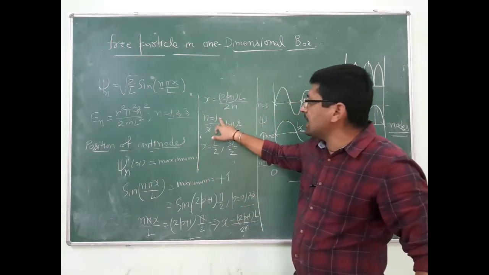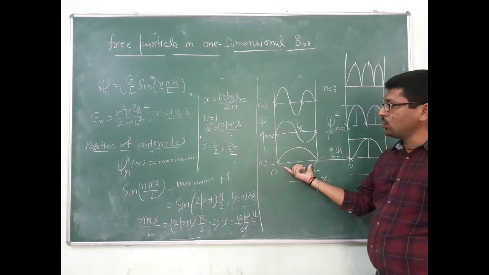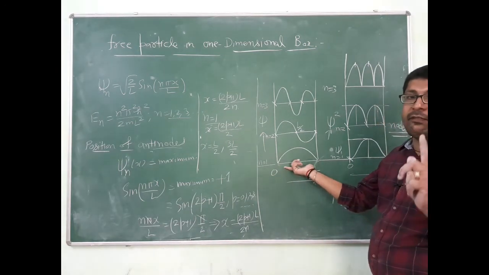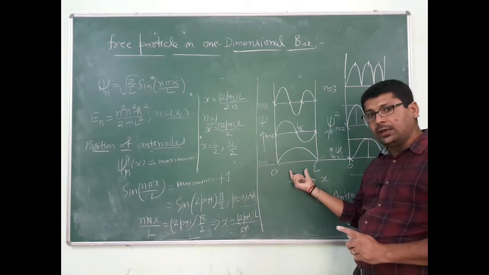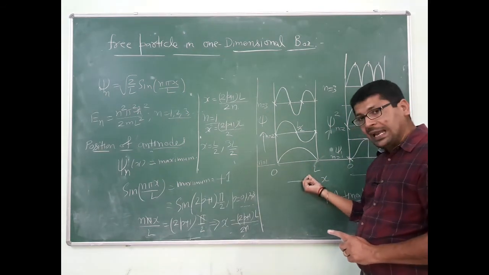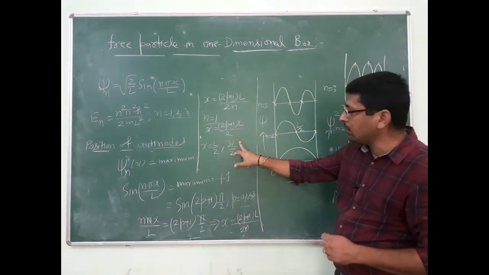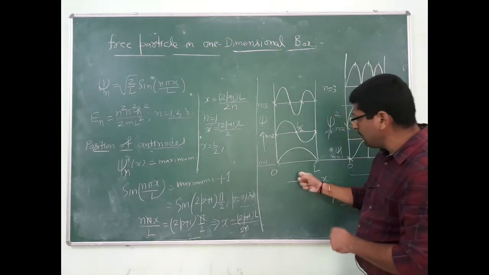We are discussing the case when n is equal to 1. For the first state, the ground state, we have only one maximum, because this position x has to be between 0 and L only, as our dimension of length is 0 to L. This second point comes at 3L by 2, which is not a point within the box.